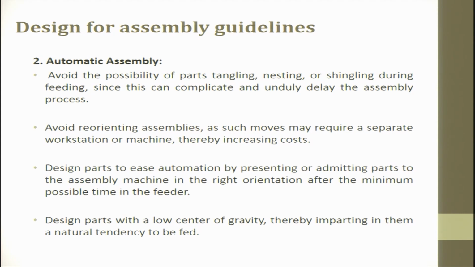When we talk about automatic assembly line, the first guideline is avoid the possibility of parts tangling, nesting and shingling during the feed. For example, when we try to do automatic assembly, you are replacing the man.